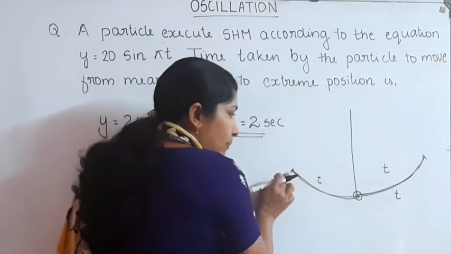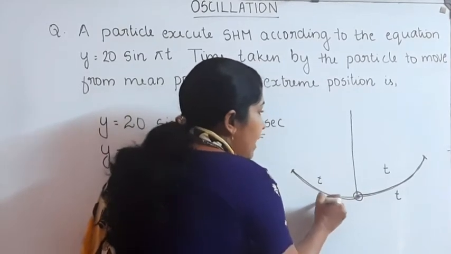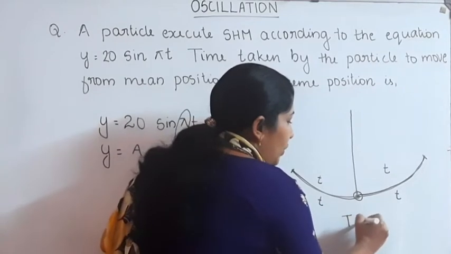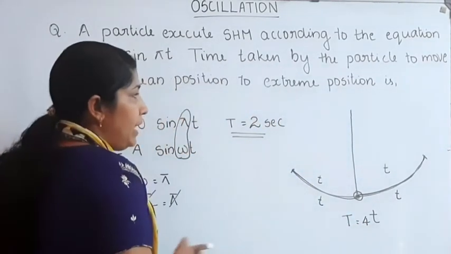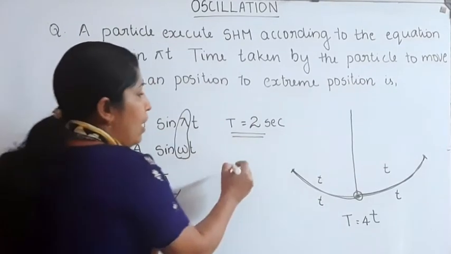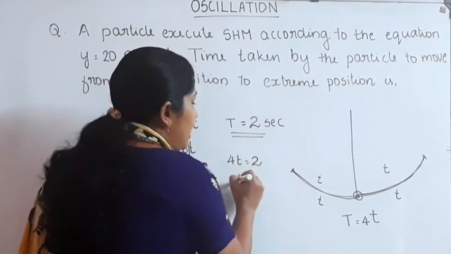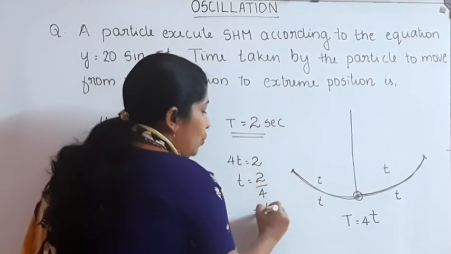Then again from this extreme position to the mean position is equal to t. Then time period T is equal to 4t. 4t is equal to 2 seconds. Then time t is equal to 2 divided by 4, that is equal to 1 by 2.